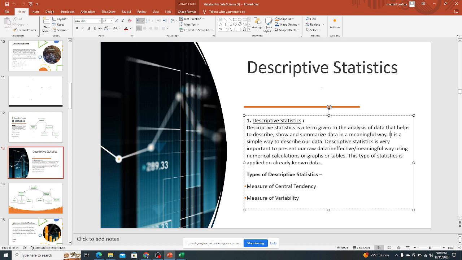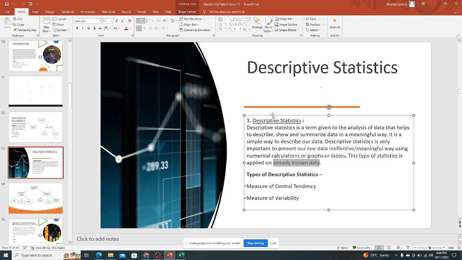Descriptive statistics is very important to present our raw data in an effective and meaningful way using numerical calculations or graphs or tables. This type of statistics is applied to already known data. Of course, for descriptive statistics, you must have the data available.